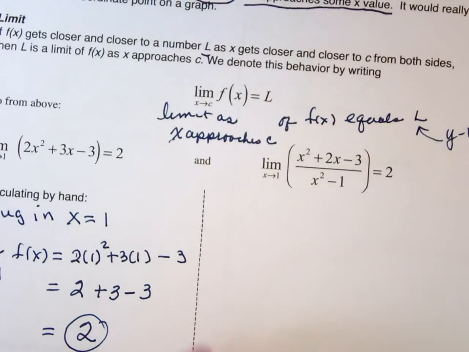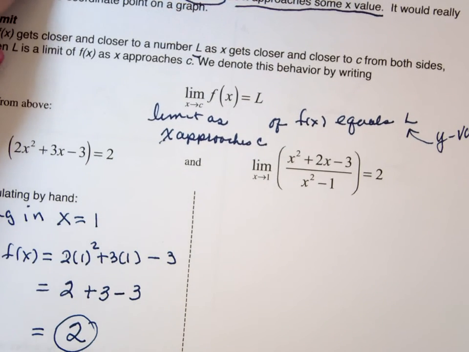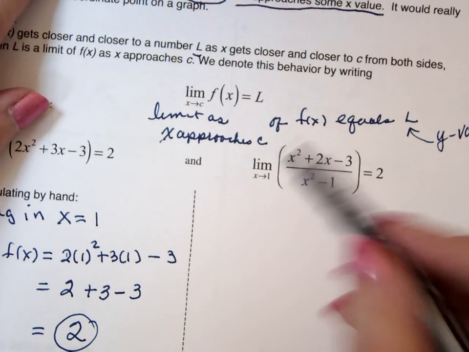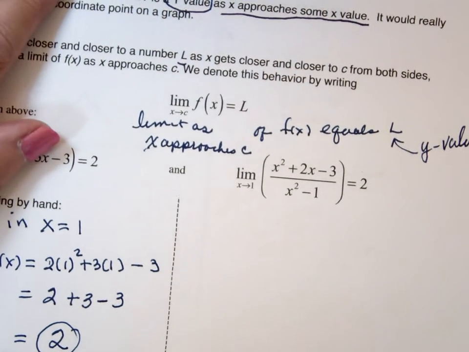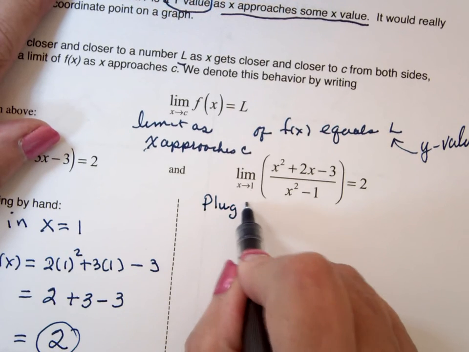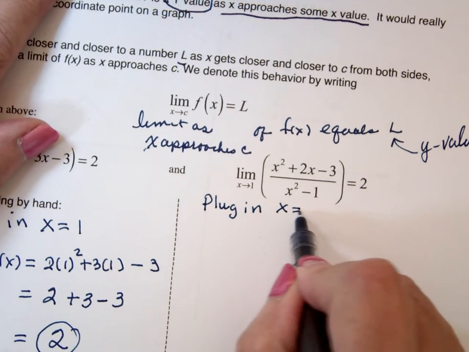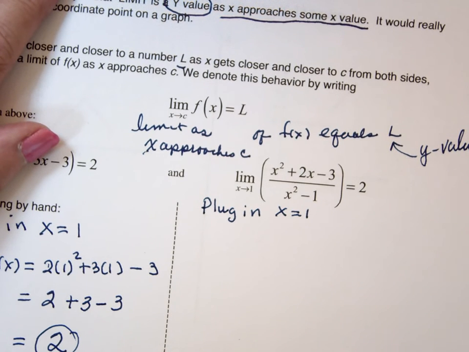Here's the other one. This is the one that's fun, not. Well, we've got x approaching 1. First thing I do is I plug it in, because if I get a number out, that's the y component of that coordinate point. That's the limit.